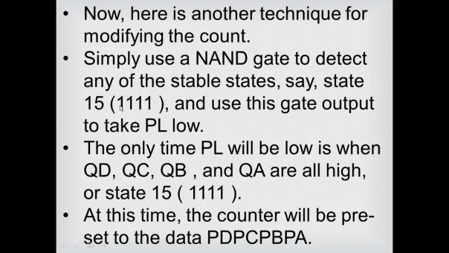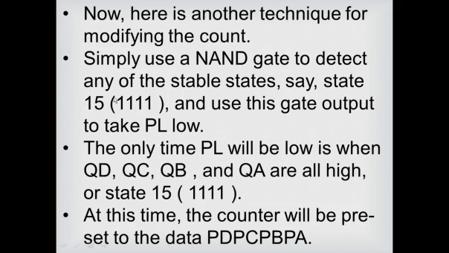State 15 means QD is 1, QC is 1, QB is 1 and QA is 1. If these outputs are connected to the inputs of a 4-input NAND gate, then when the state number 15 occurs, the output of the NAND gate is going to be low. And what happens?